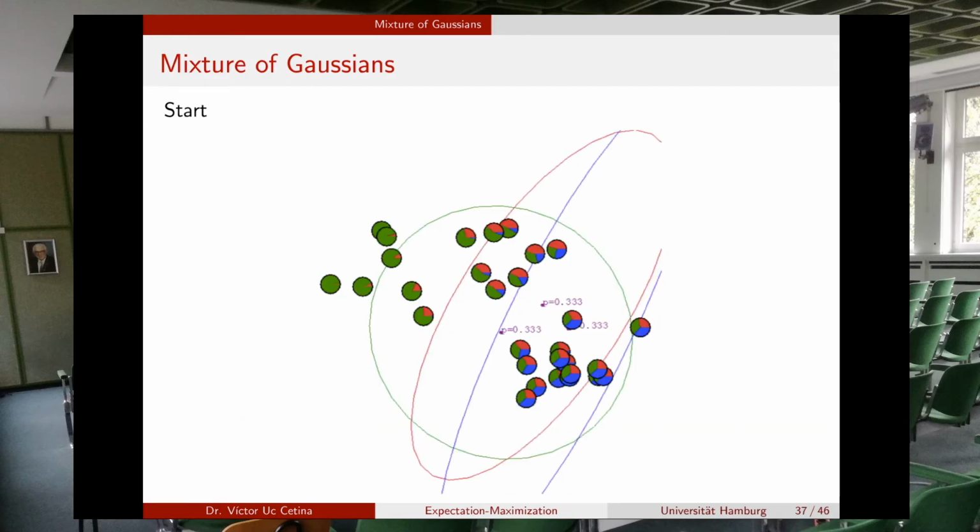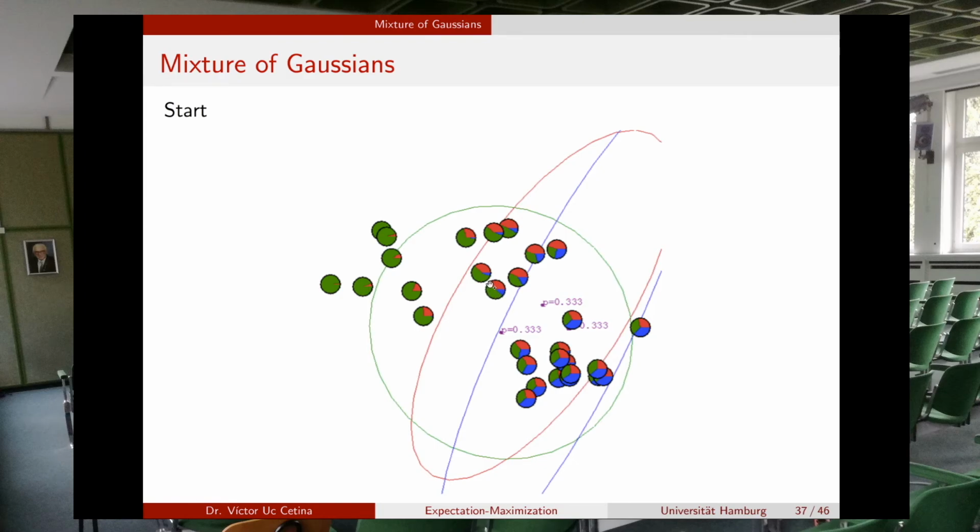Here is a very visual run of the algorithm, so you can have a more intuitive idea of what is going on behind this algorithm. Here in this example, each of these circles represents a point, and you can see that they have 3 colors, green, red, and blue.